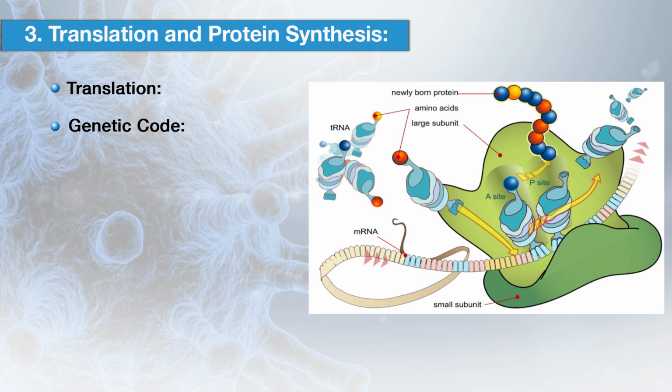Genetic code: the sequence of nucleotides in mRNA determines the sequence of amino acids in a protein. Ribosomes are molecular machines that facilitate the assembly of amino acids into polypeptide chains.